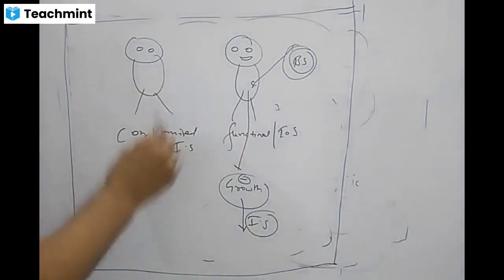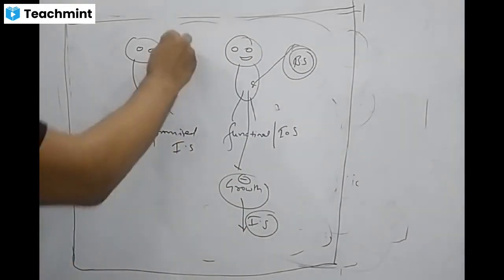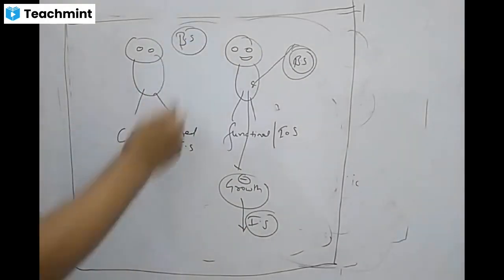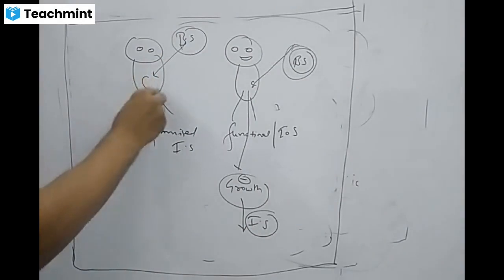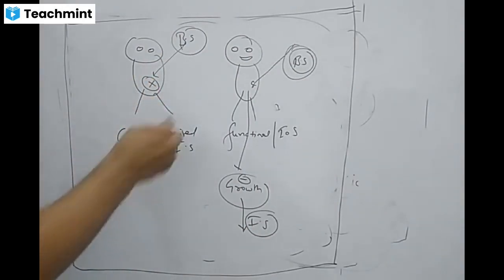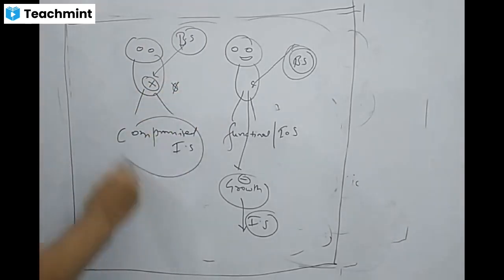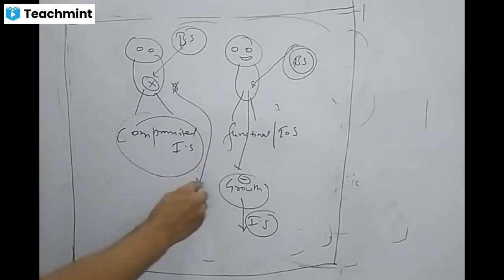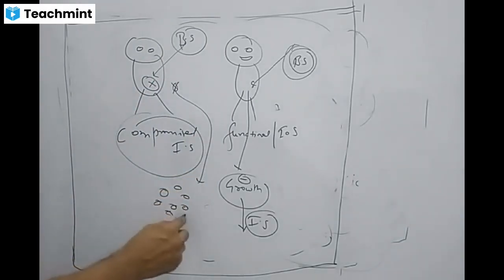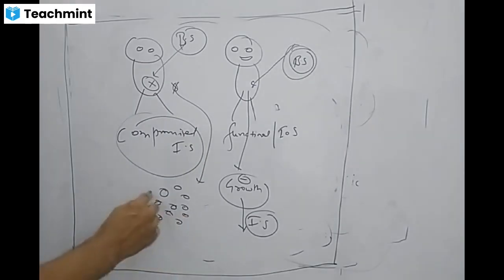But in case of a compromised immune system, if we give a bacteriostatic drug, it will inhibit the growth of bacteria, but the immune system is weak. So after some time, the bacteria again start multiplying.